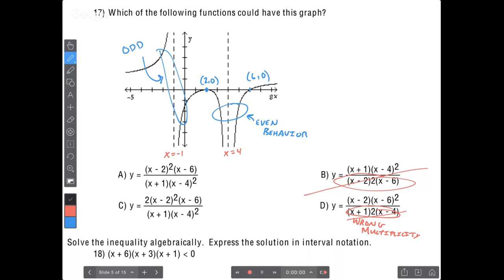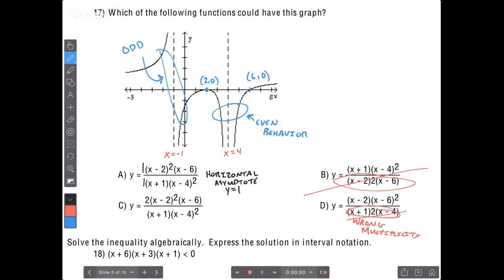So this one should have a horizontal asymptote at y equals 1 because they're in the ratio of 1 to 1.